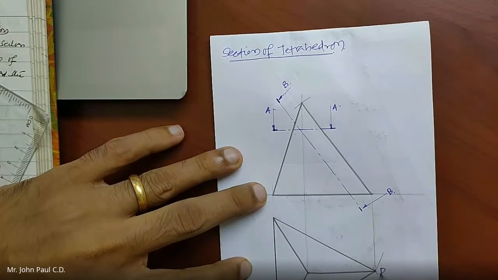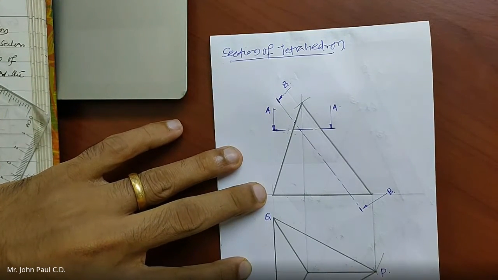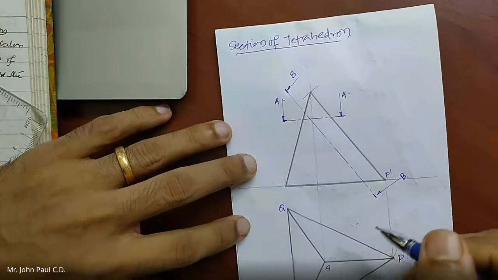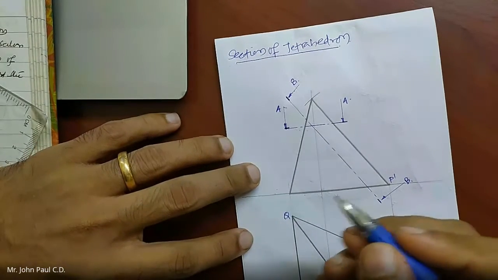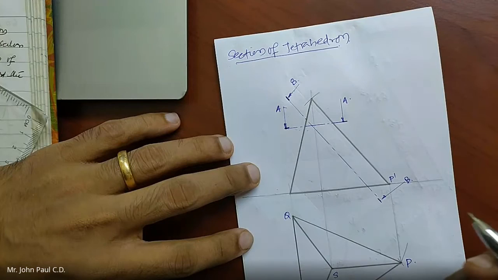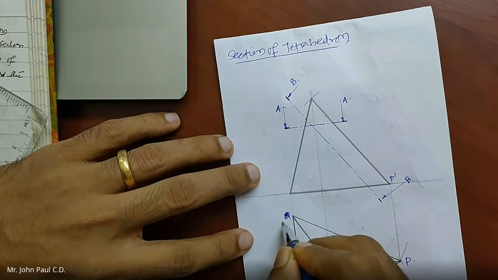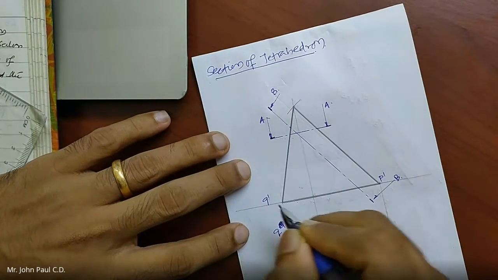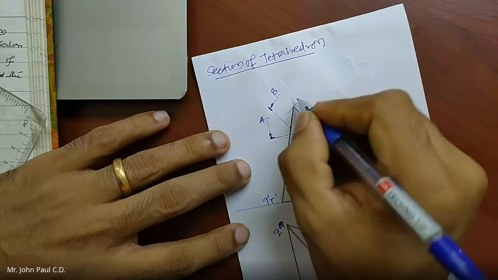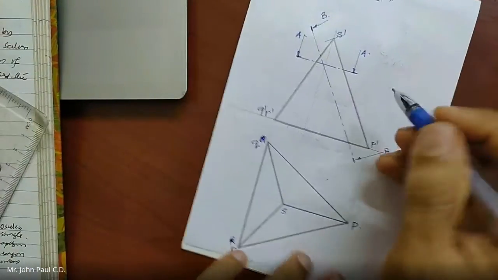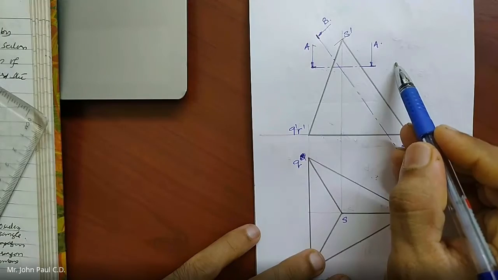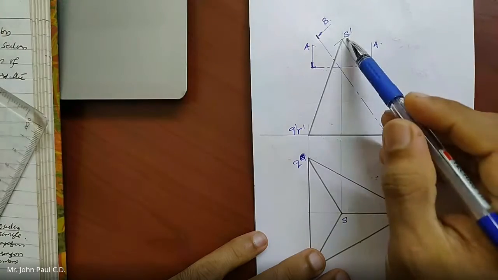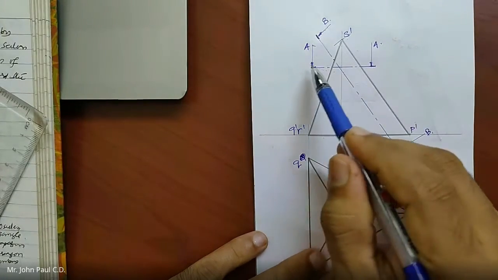If I name it P, Q, R, S. So this is P dash, Q dash, R dash, and this is S dash. While I cut here parallel to the base, this cutting plane is cutting S dash P dash, S dash R dash, S dash Q dash. So three edges are being cut.